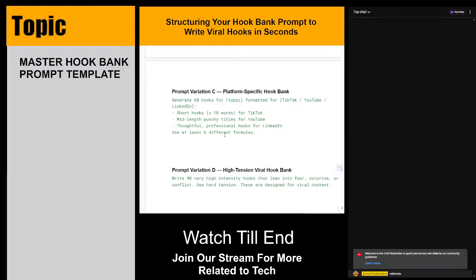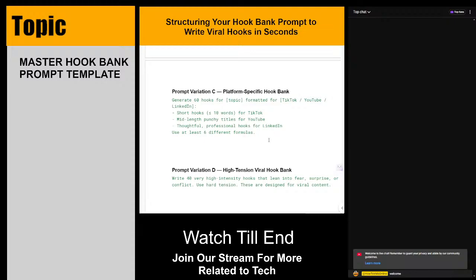Strip the hook down to the simplest version. Then in the second step, remove slow, vague or long words like really, very, incredible, amazing, unique. Basically, these are the weak words. You can replace them with specific nouns, emotional triggers, or power words.